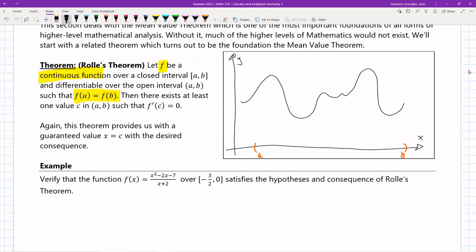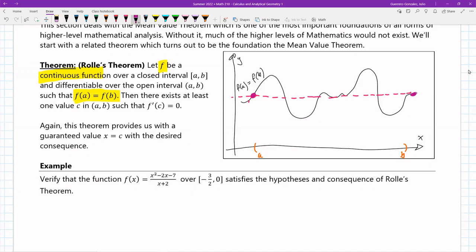It doesn't matter what it is, but hopefully I did this about right, that the endpoints, both of those are equal. So this is the point where f of a is equal to f of b. So they end up falling on the same line, starting and ending at the same height, okay?